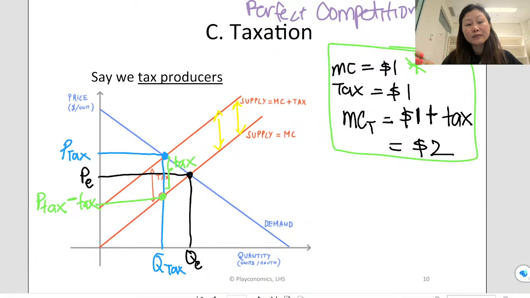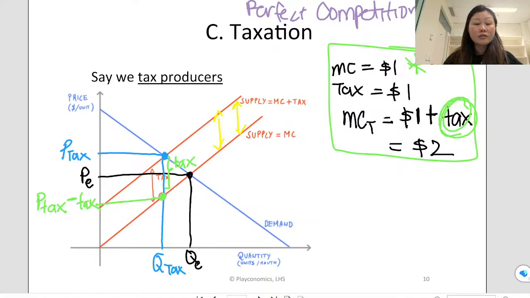Because the tax of $1 doesn't actually have any real reason to exist, except that it's man-made. The government imposed it, okay? Man-made by the government. So the tax component increased your cost, but it doesn't change your fundamental production cost.